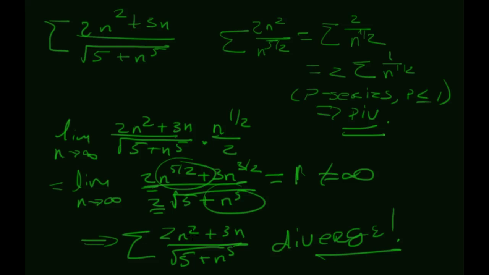And when those tests don't quite exactly work, what I can do is take the two things I want to compare and build a ratio of them. Take the limit as n goes to infinity, and if I get a constant, then they either both converge or they both diverge. All right, so there's your comparison test and your limit comparison test.